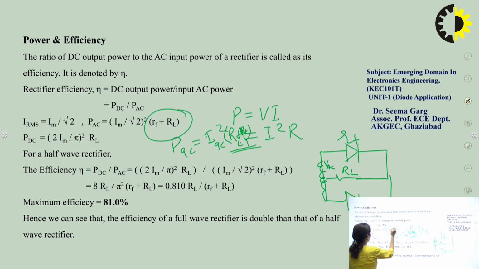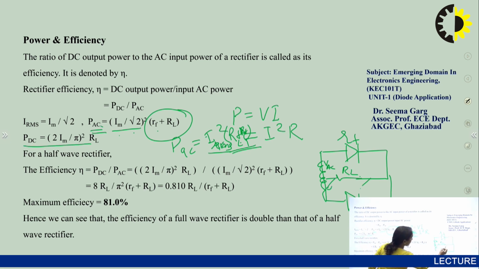Here we can see that PAC is nothing but the root mean square value of the current squared, multiplied by the resistance. So the square of the current multiplied by the resistance will give you the AC power, whereas DC power is what? The voltage which is appearing across this is DC.